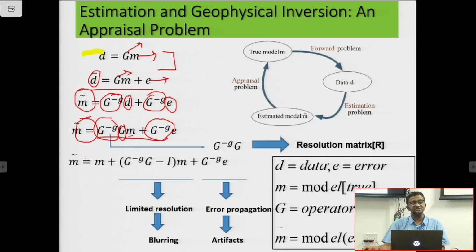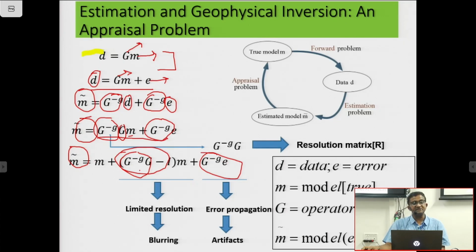Now if we arrange it, the model estimate equals G dagger G minus I, where I is the identity matrix, times m, plus the generalized inverse operator operating on the noise.